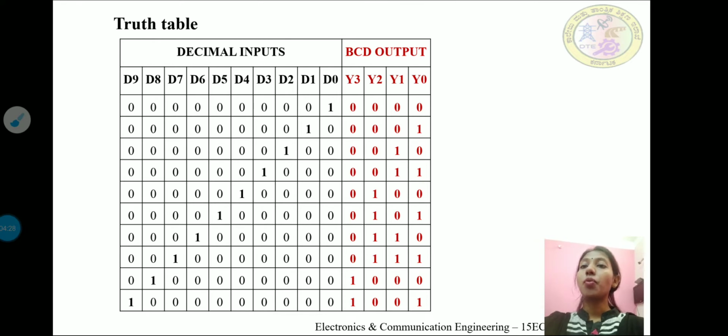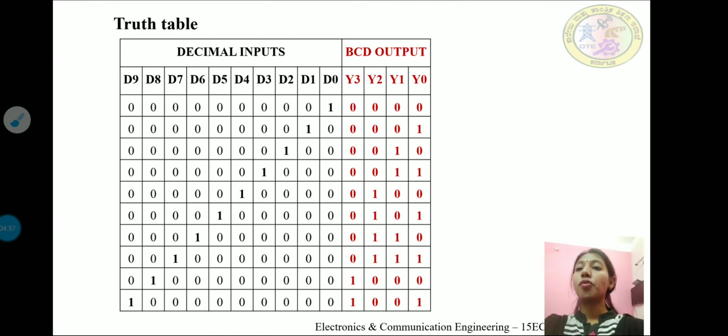Similarly, when digit 1 is made high or active and the other digits are 0, the output obtained is 0001, the BCD code corresponding to the decimal digit 1. When D2 is made high, the output code obtained is 0010, the BCD equivalent for the decimal digit 2. And when digit 3 is made high, the BCD code obtained is 0011.